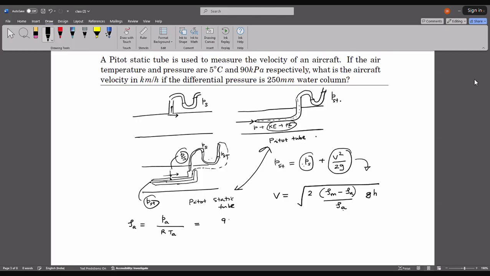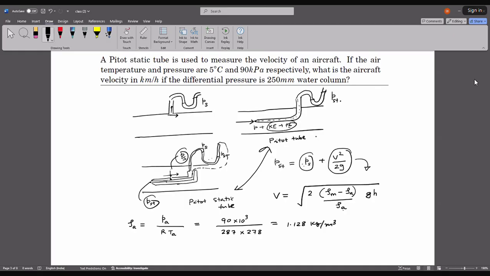Pressure of air is 90 kilopascal, that is 90 into 10 to the 3. R is 287. Temperature is 5 degree, that is 278 Kelvin. So that will give you 1.128 kg per meter cube.